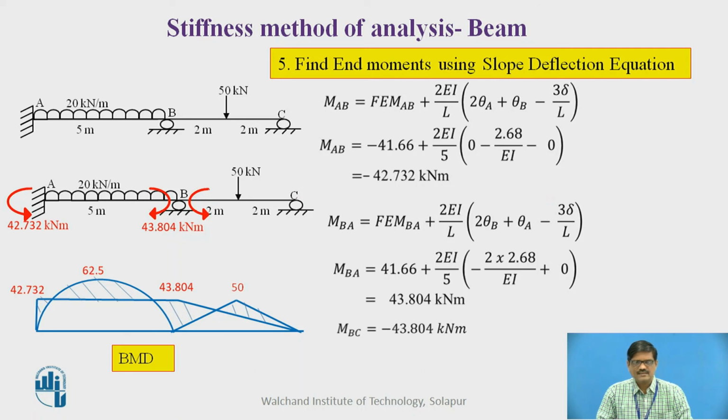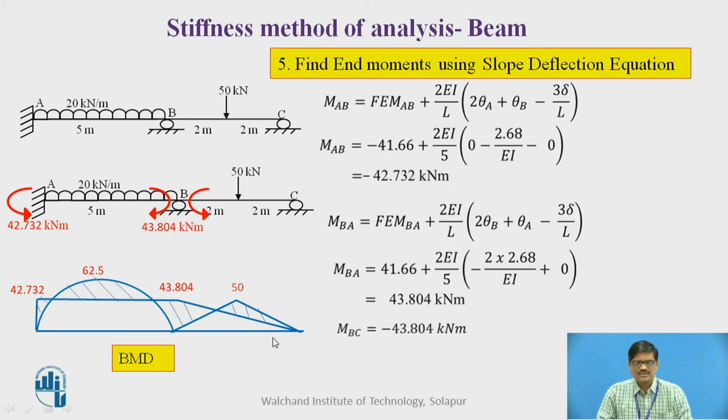And at the end we shall draw the bending moment diagram by superimposition technique. So first of all we have to draw the simply supported bending moment diagram due to the applied loading. So on AB span we have a UDL, therefore a parabolic diagram, maximum value is 62.5, and on span BC we have a point load, so PL by 4, so this comes out to be 50.